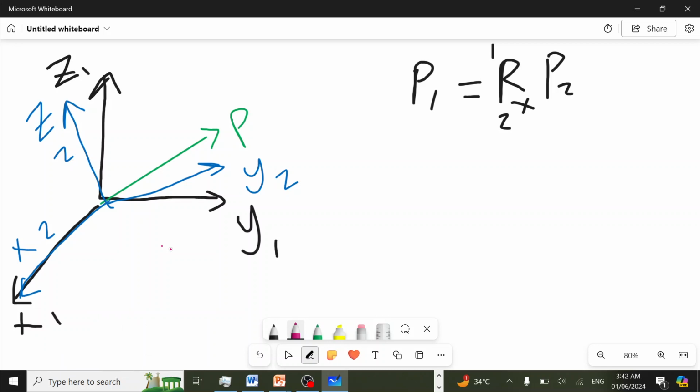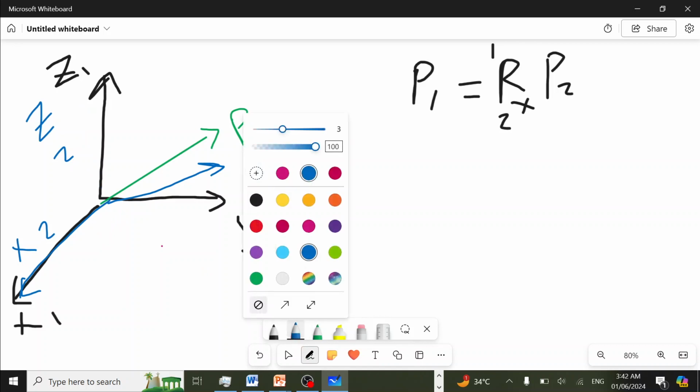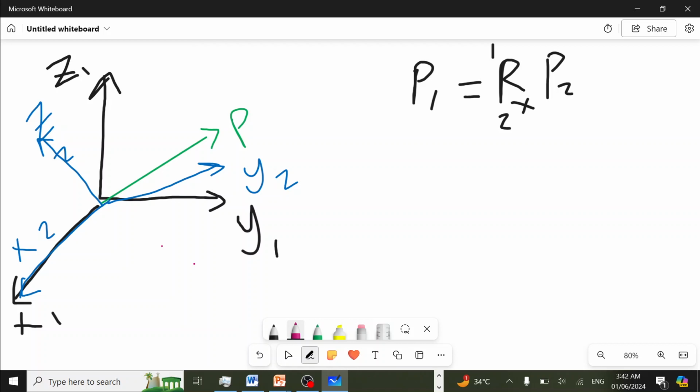So the x-axis will go down. The new x-axis can go down.